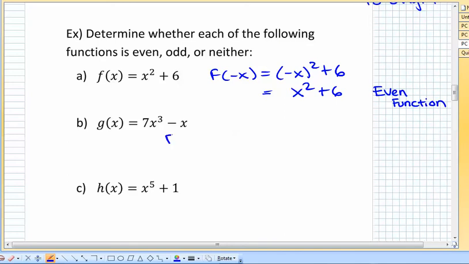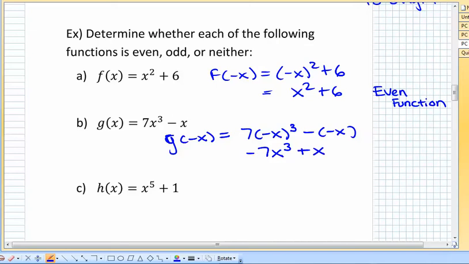Now here, if I put a negative x in, negative x to the third gives you negative 7x to the third, and then negative and negative is positive. If I pull out a negative, I'm left with 7x to the third minus x. So I have the opposite of what I started with. Therefore, that is an odd function.